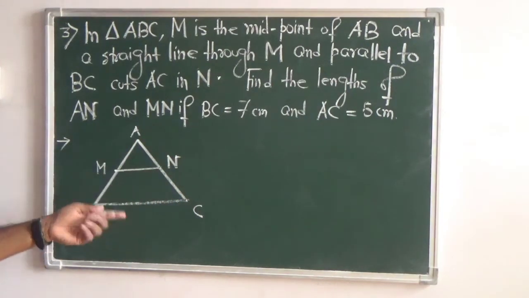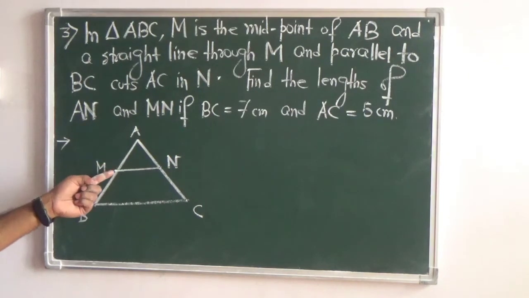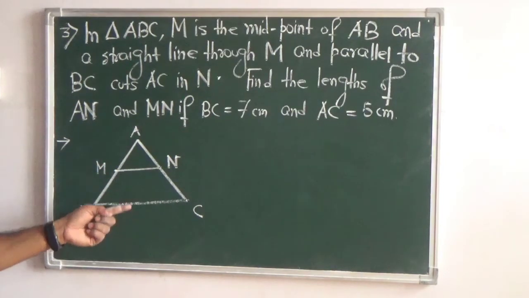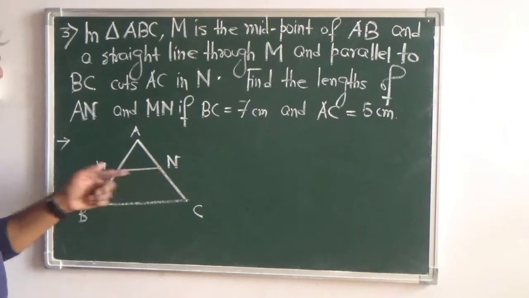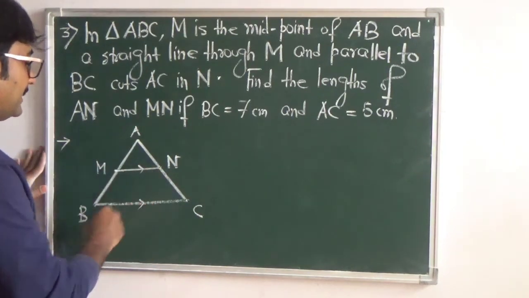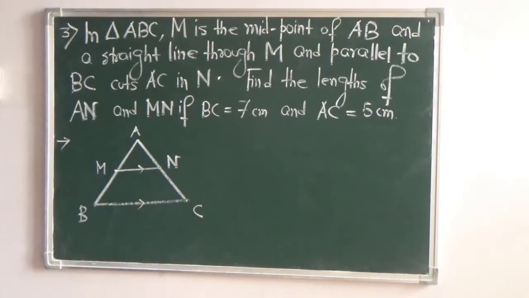You can very easily find out. M is the midpoint and the line from M is parallel to BC, so N becomes the midpoint of AC.